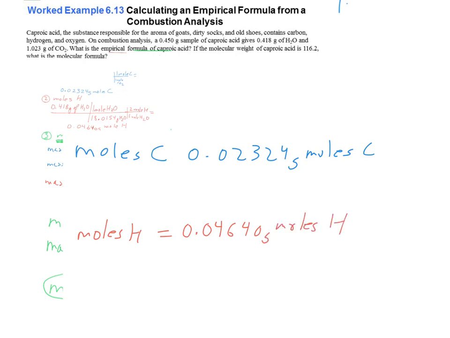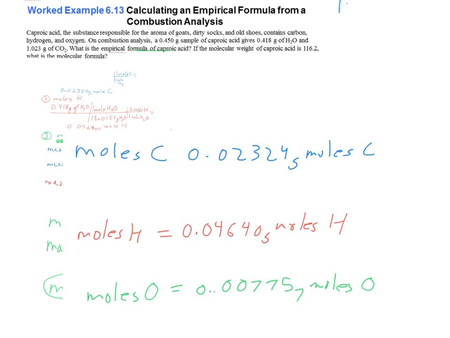And then just recently in step 3 here, we got our moles of oxygen, 0.007757 moles of oxygen.